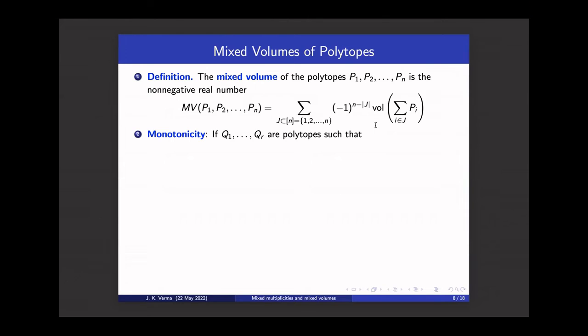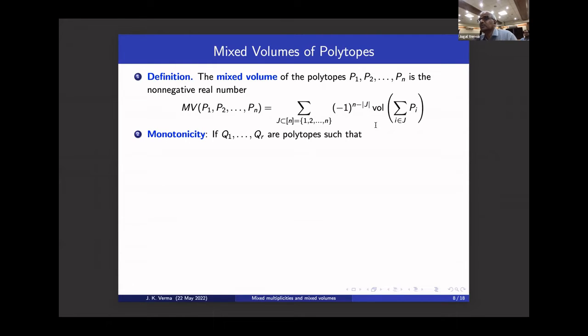So the sum of polytopes is in the vector space, right? Yes, it is. This is being added in Rn. Volume is a real number. Fine, it can be 0.